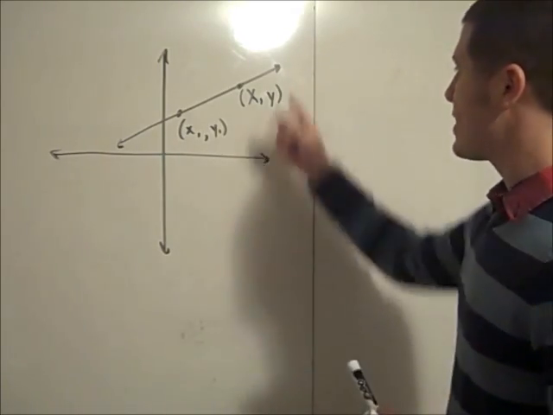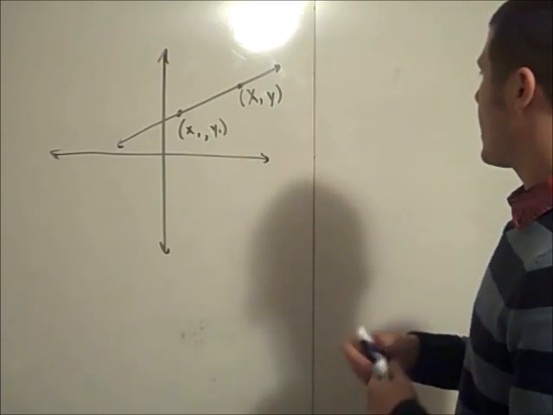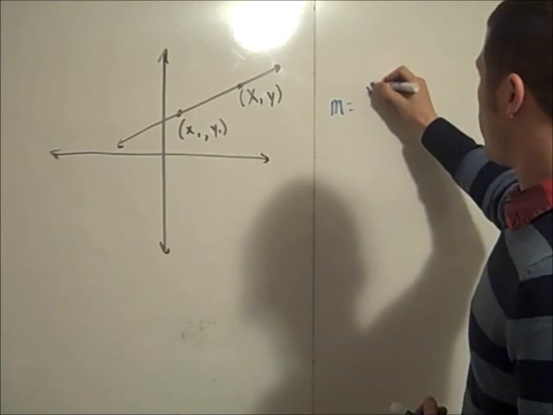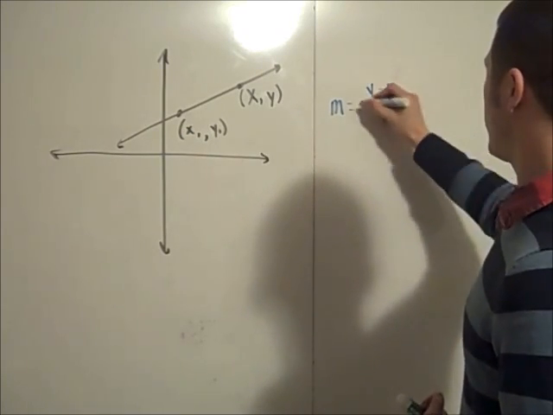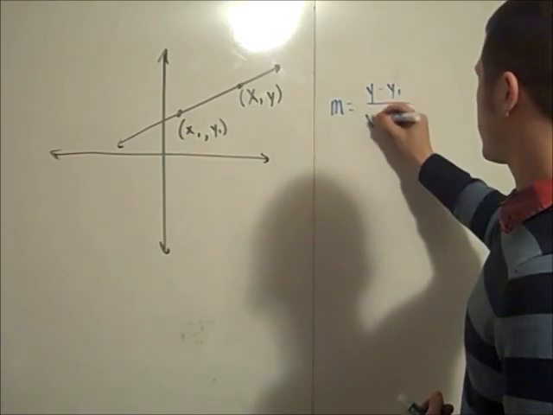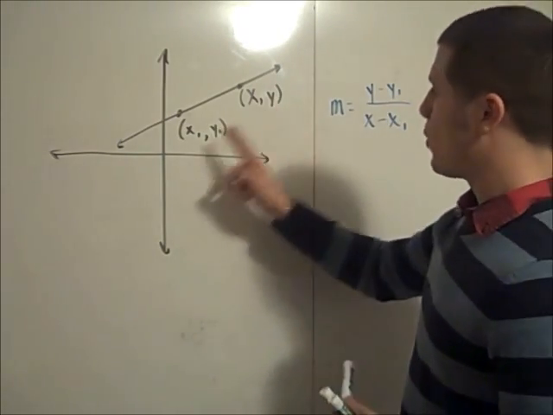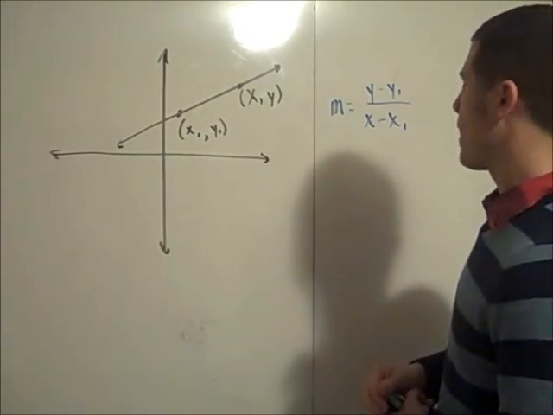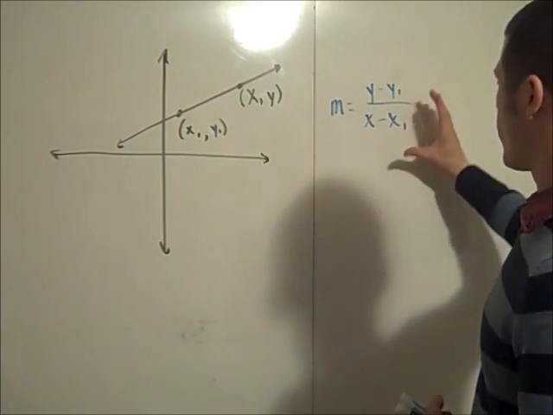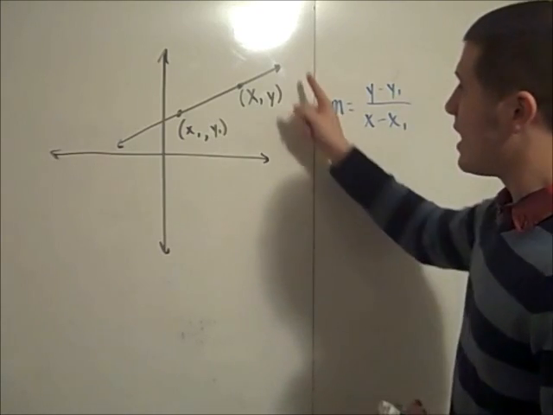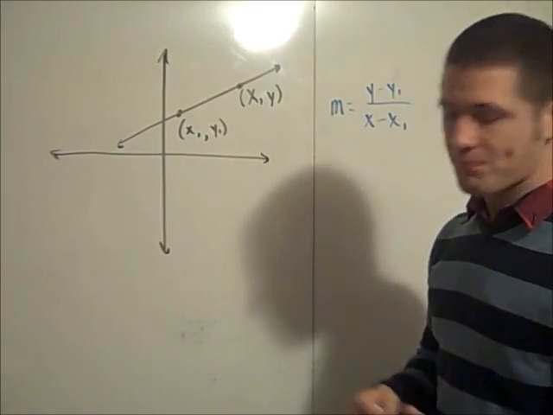And so for this line, we see that the slope is the change in y, y minus y1, divided by the change in x, which is x minus x1. Since these 2 points define this line, and the line can only have one slope, this equation right here really is a definition for this line.